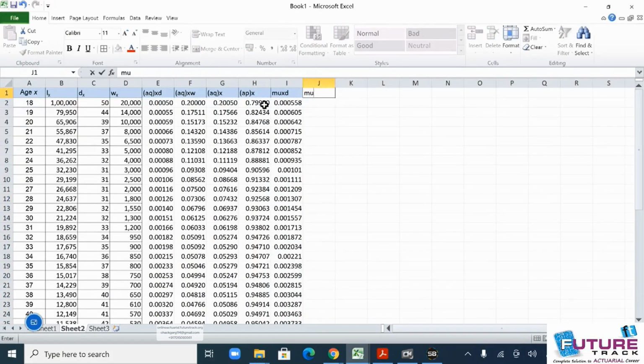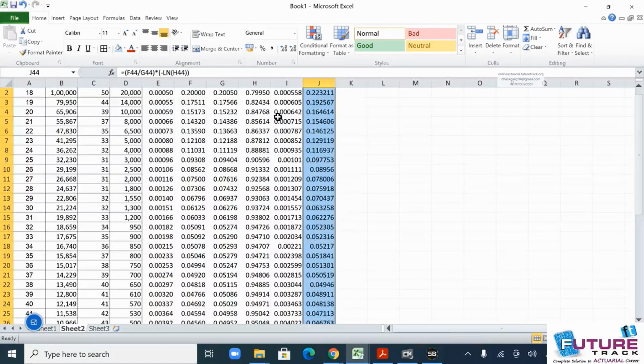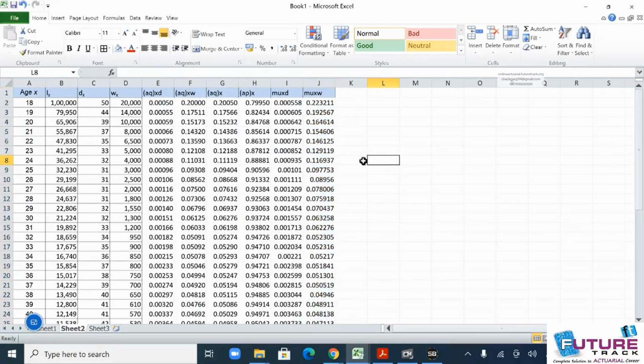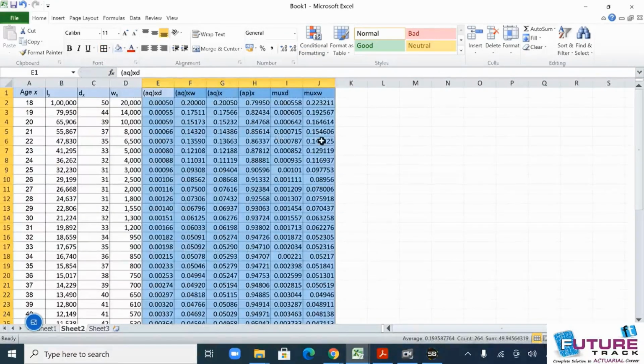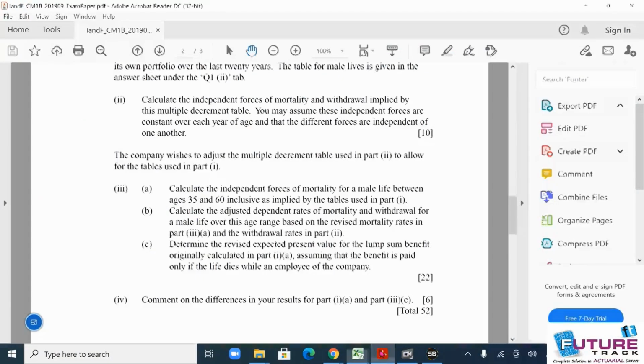Similarly class, mu xw we can find out with the same formula, just this time we have aqxw in the numerator divided by aqx into minus log of class apx. Fine class. So these are my values of mu x d and w. This is what independent forces of mortality we had to find in the first part.